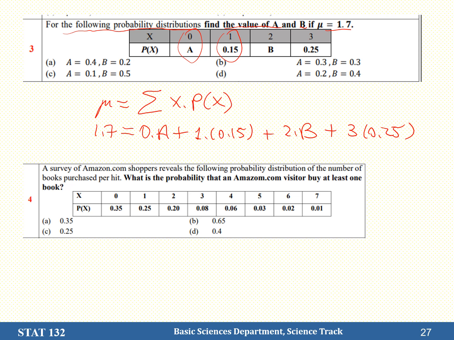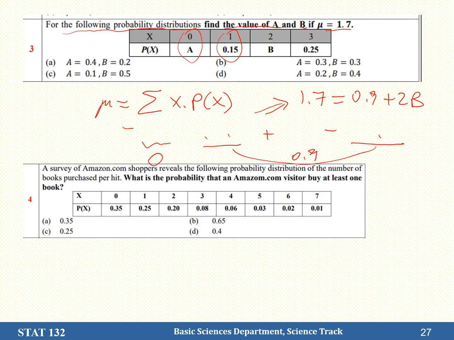So this is 0 and 0.15, and this is 0.75, so it will be 0.9. So 0.9 plus 2b will be equal to 1.7, and it means 2b is equal to 0.8, and then b should be equal to 0.4.